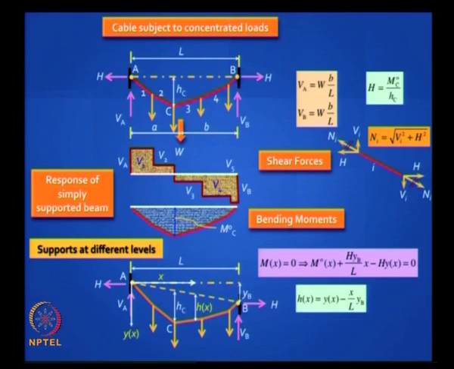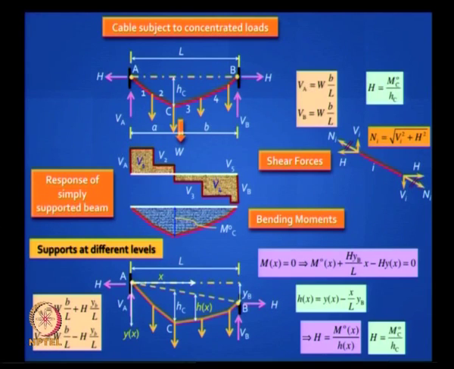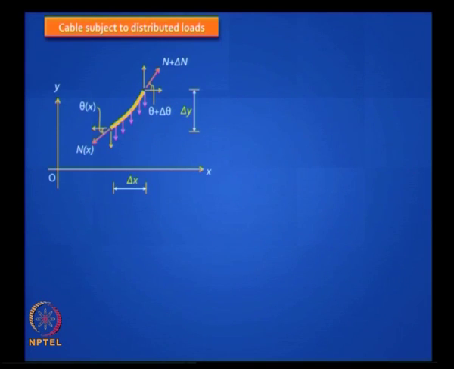So this can be proved. Okay, we will move ahead. So the difference between the first case where the two supports were at the same elevation and the second case where the two supports are at different elevations is only in the vertical reactions. The horizontal force is the same, VA increases to some extent and VB reduces.